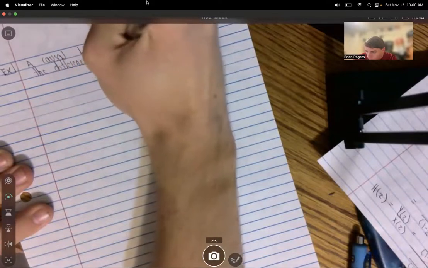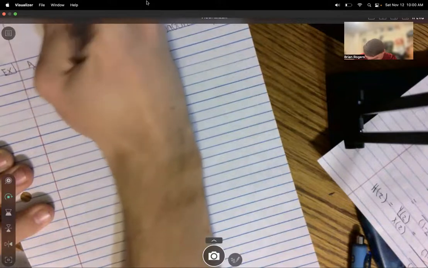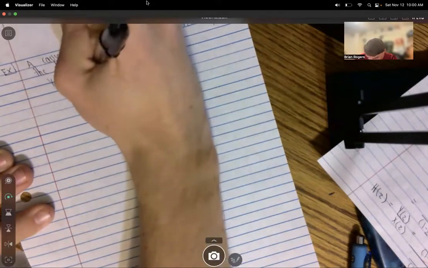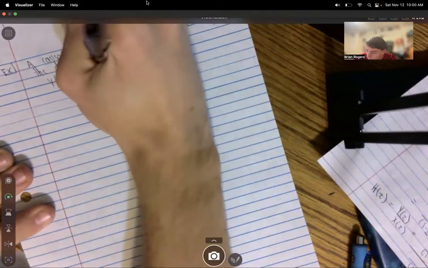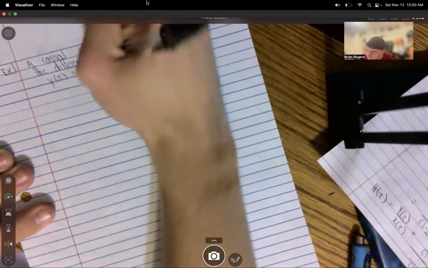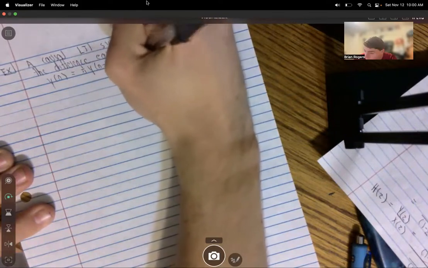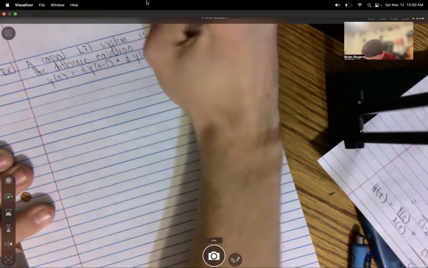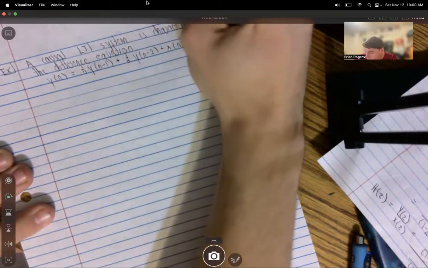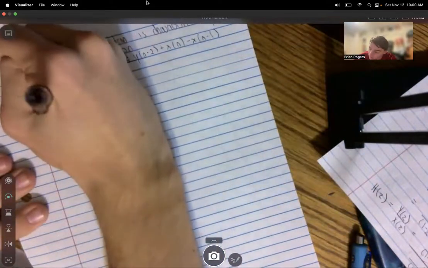And then here they have y of n is equal to 1/4 y of n minus 1 plus 1/8 y of n minus 2 plus x of n minus x of n minus 1. Okay, so they gave us this and they said find the system function.